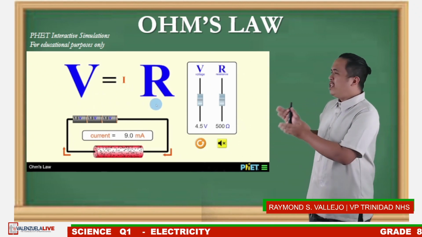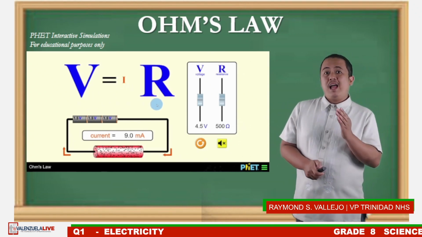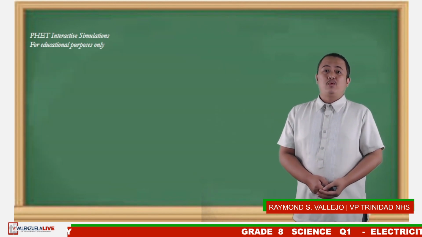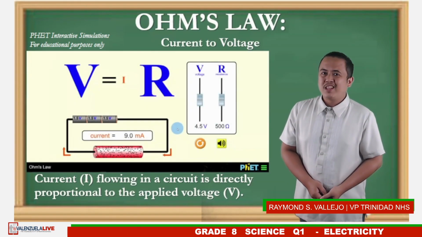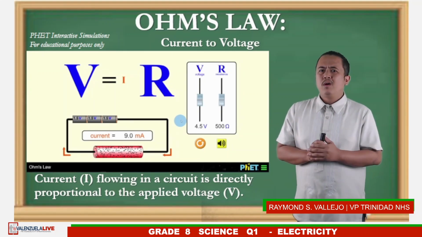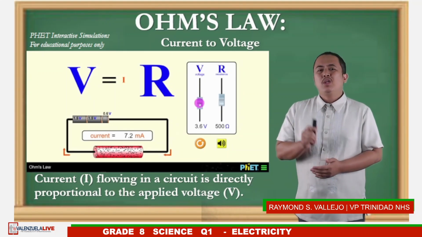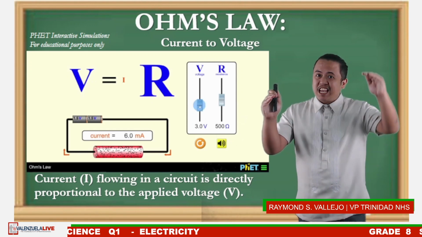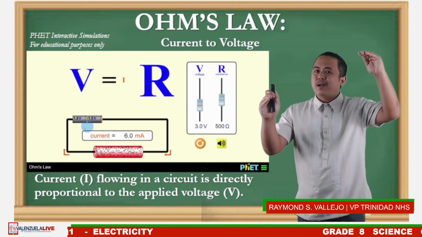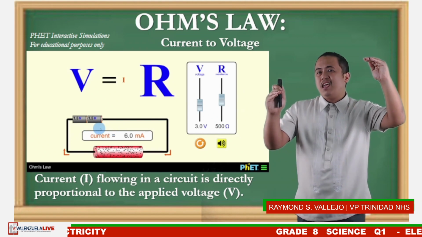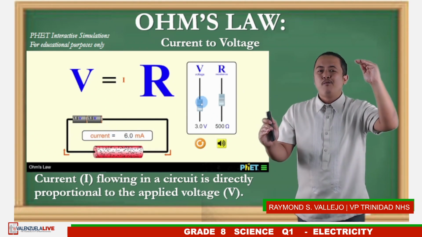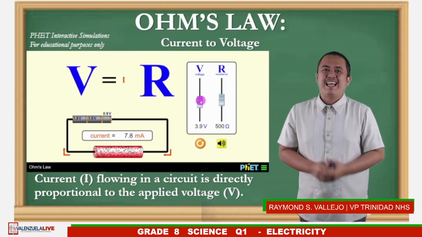According to Ohm's law, the electric current flowing in a circuit is directly proportional to the applied voltage. So, what happens to electric current if voltage increases? Will the magnitude of the current increase or decrease? Write your answer in the comment section.